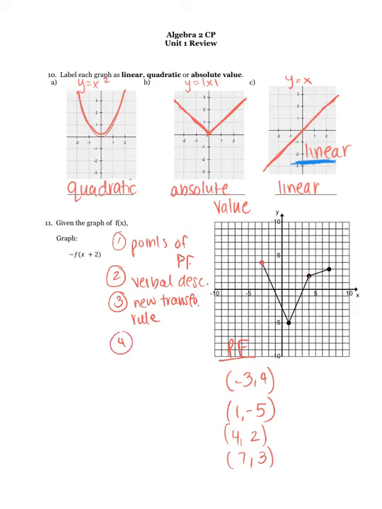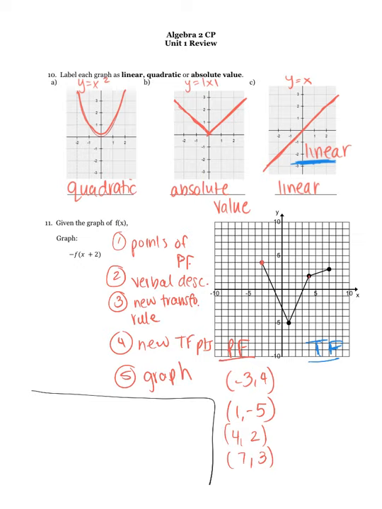And lastly, 4, there's 5 points. New points, new TF points. So TF will be over here, okay? And then lastly is the correct graph, okay?